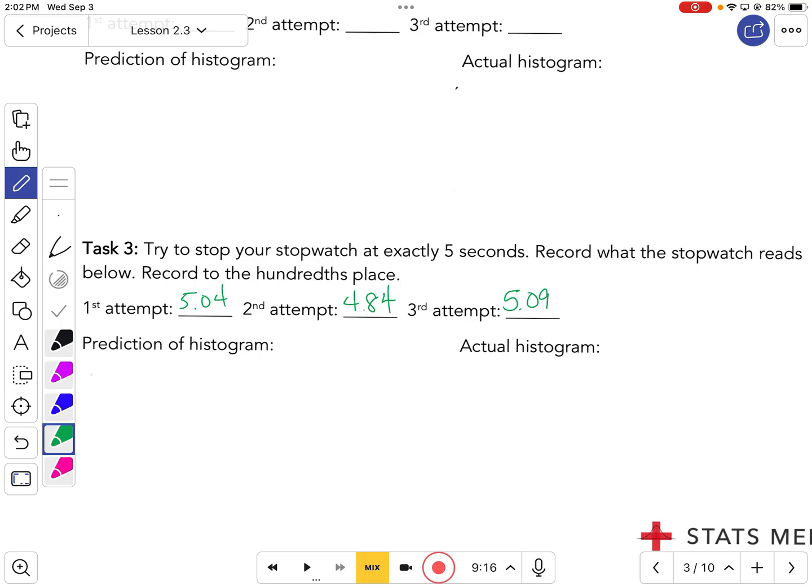All right, how do we do, anybody? So Brianna hit it. Anybody else? Cam's up here at 4.99 and 5.01, dancing around each side.